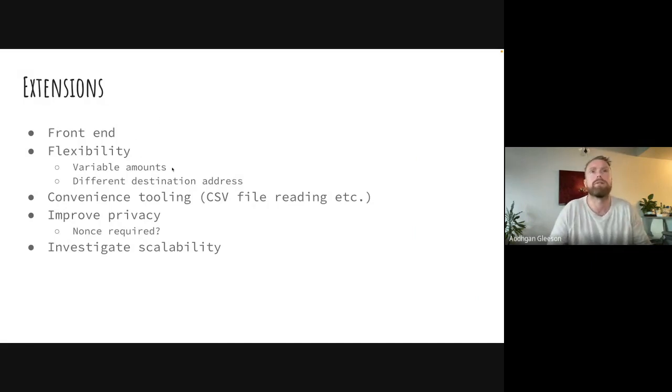You can make it more flexible, so each user gets variable different amounts depending on whatever criteria you have off chain, whatever business logic. Different destination address, so the ability to send or mint the tokens to another address all in one step. The other repo that it's based off of has some convenience tooling for dumping a big blob of addresses or public keys in, and that would be handy.